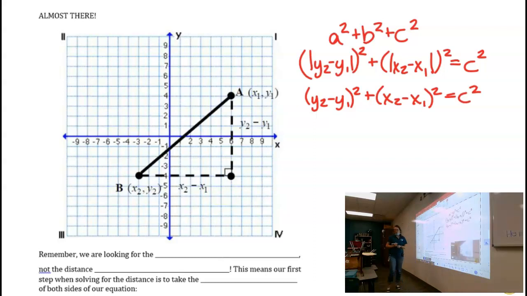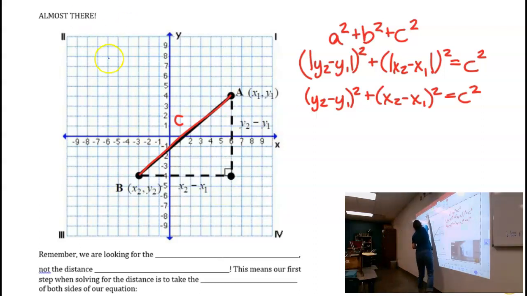So that makes it look a little bit nicer. It's not necessary to have the absolute value in there. Now remember, the distance that we're looking for is the distance c.